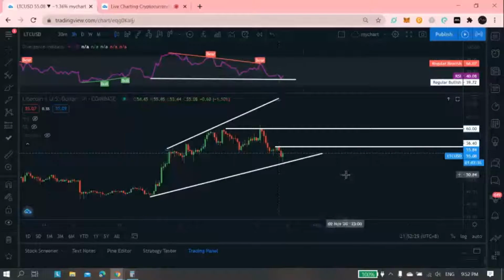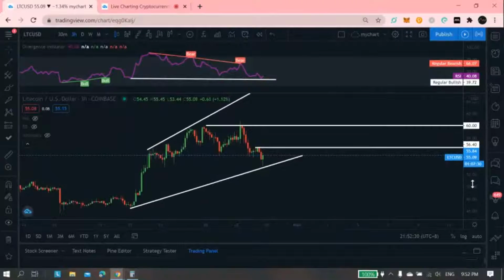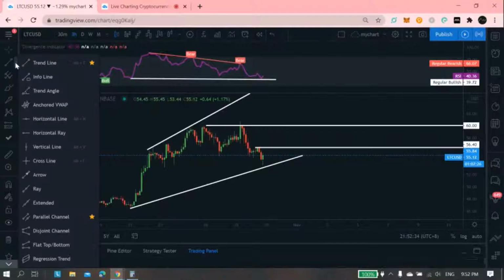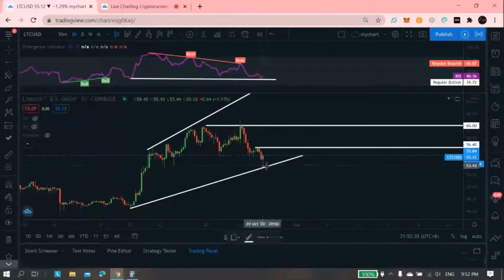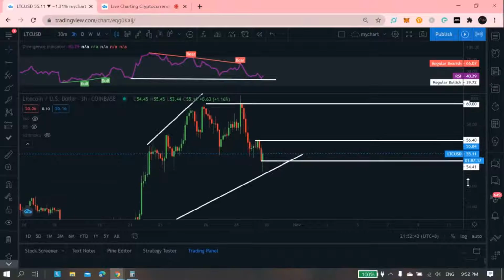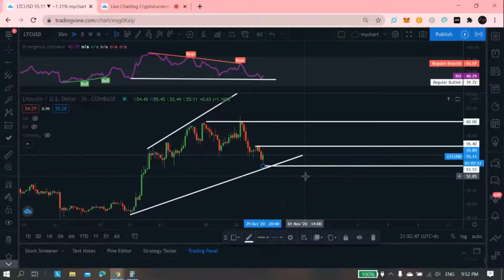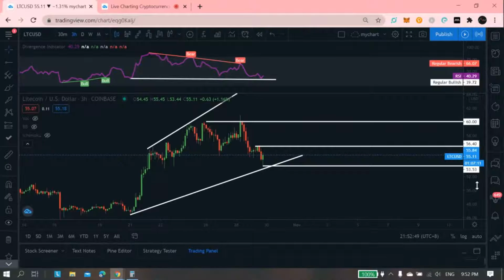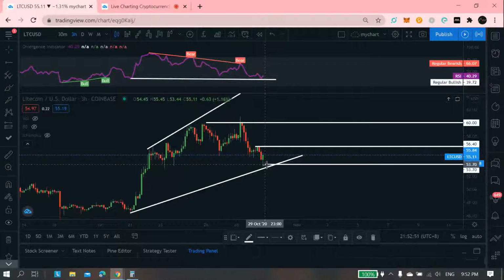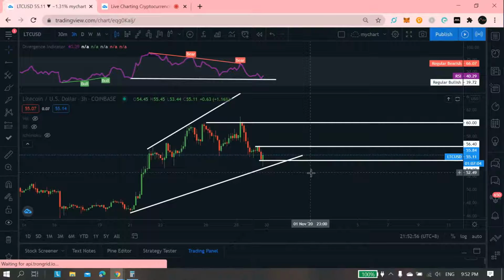So actually this is more bullish. But there's still 1 hour before it closes. Of course, the support or the stop loss I'm looking at is at this area, around the 54 area, or you can also put it around the 53 area. But normally I put it at the body of the candle.